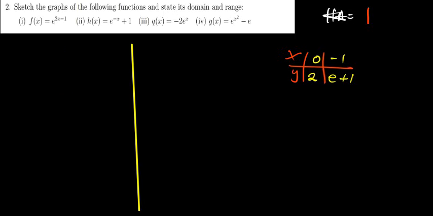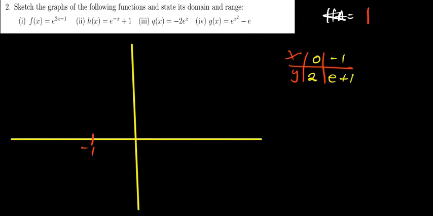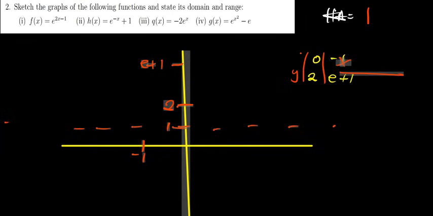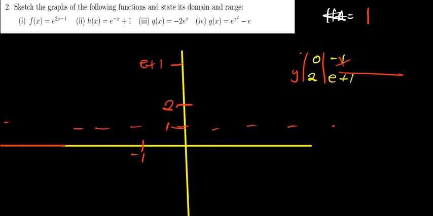Let us go ahead and sketch. In x we have negative 1 and 0. In y we have 2 and e plus 1. Then the horizontal asymptote is at 1. I'll cut the line like that. But to make things simple, I'm going to shift this side so that I extend this part this side.